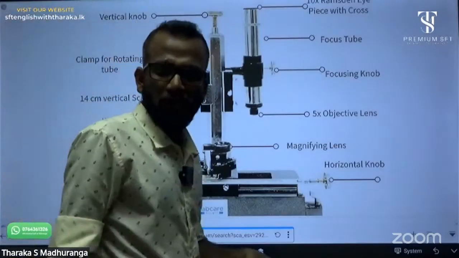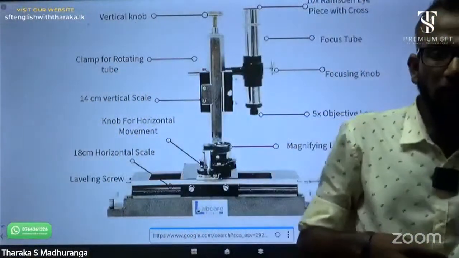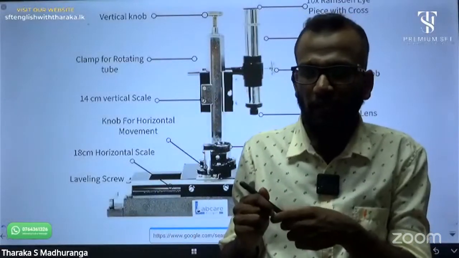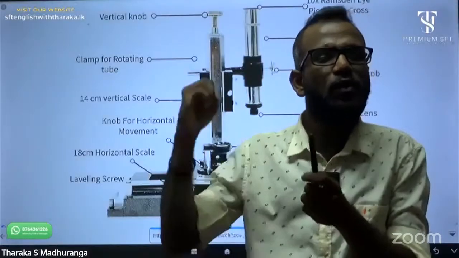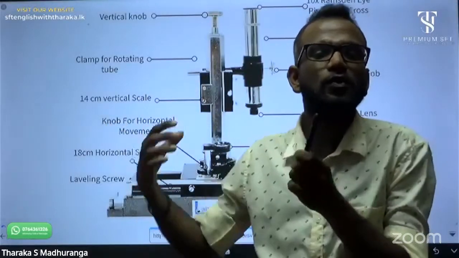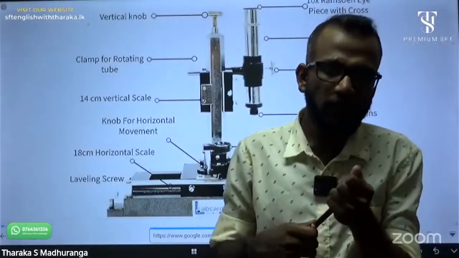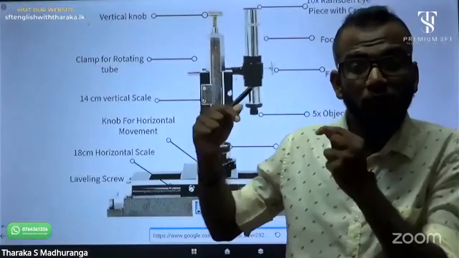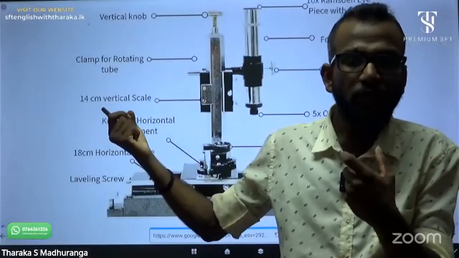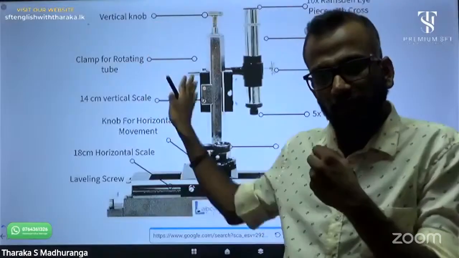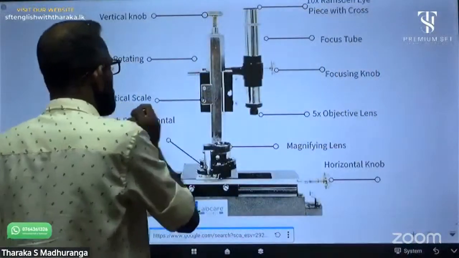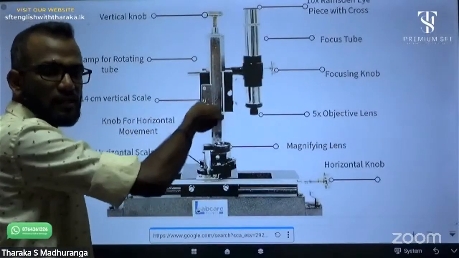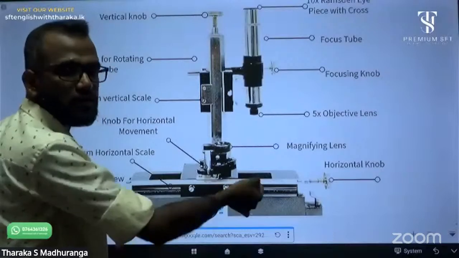The second important thing you need to remember is that this traveling microscope contains 2 vernier scales. It is also an instrument that uses the vernier principle. This is one vernier scale, which is vertical, but there is a horizontal vernier scale as well.